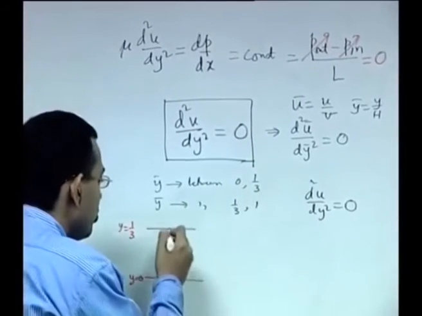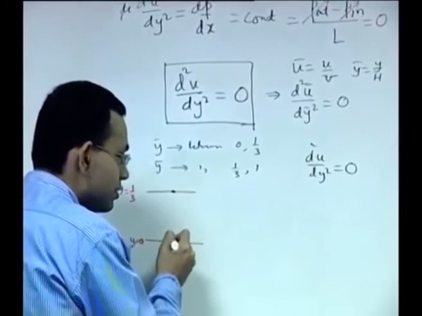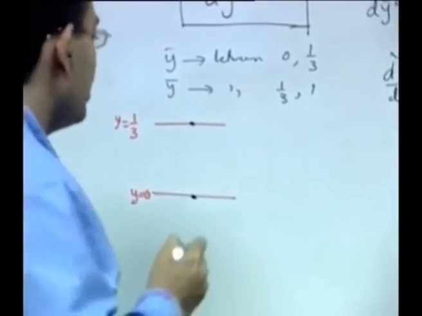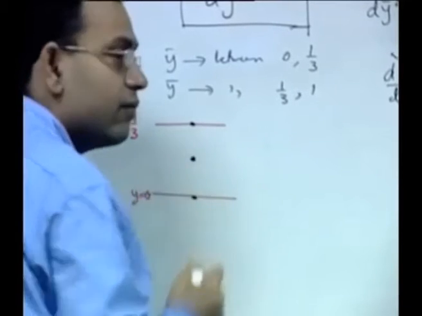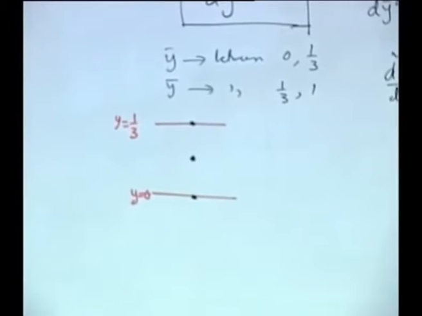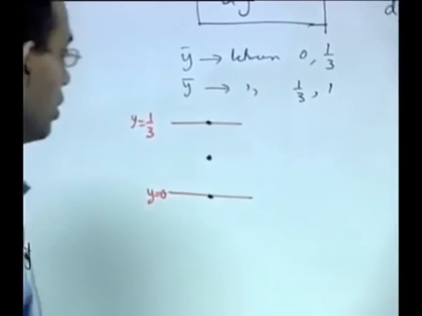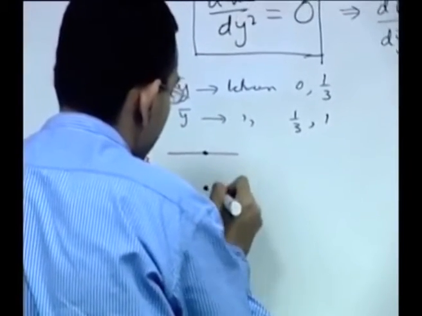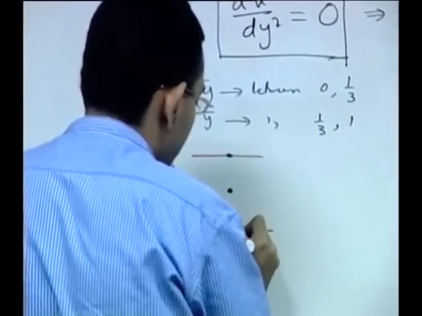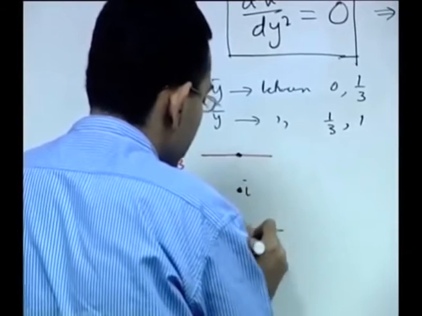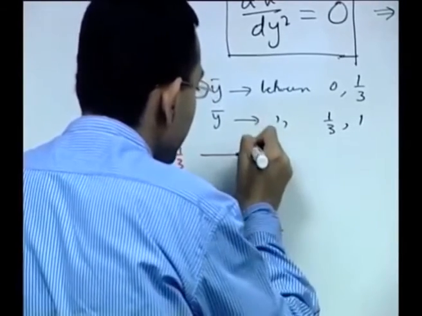So, 2 must be there at the two boundaries because boundary condition has to be implemented, and you at least should have one in between to see what is there inside the domain. So, you can call this one as I, this one as I minus 1, this one as I plus 1.